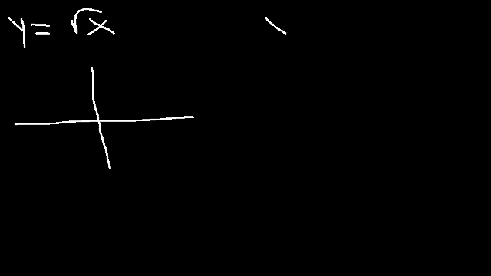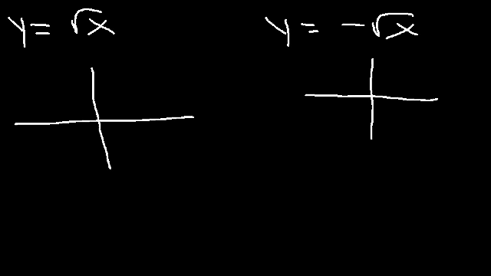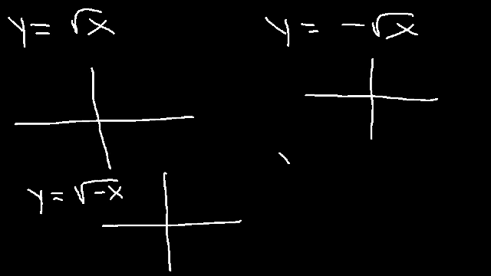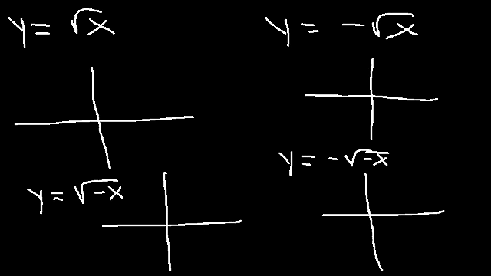But now let's focus on the square root of x. I want you to graph these 4 functions. The square root of positive x is going to shift towards quadrant 1.